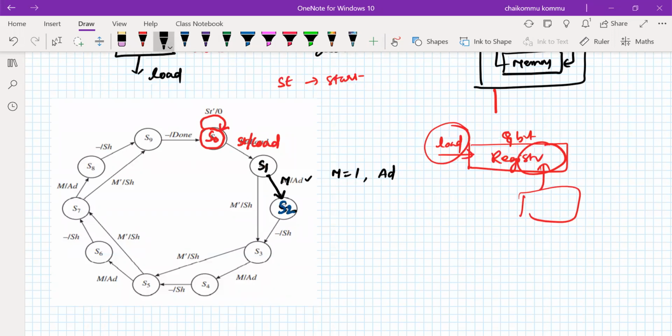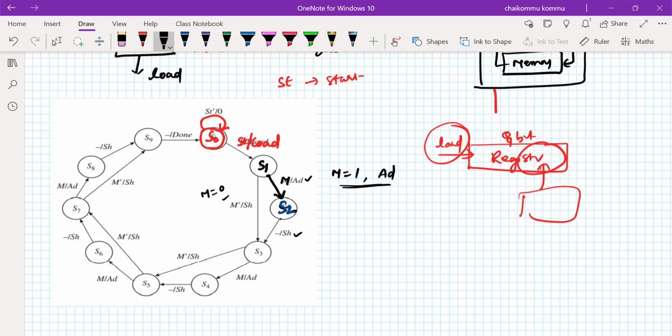There may be a chance that M is not equal to 1; M can also be 0. Sorry, before going to M equal to 0, after completion of M equal to 1, immediately it has to do the shifting operation. It has to produce the shift operation, but there is no need to verify any condition.